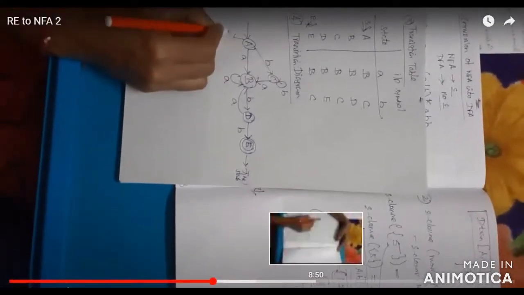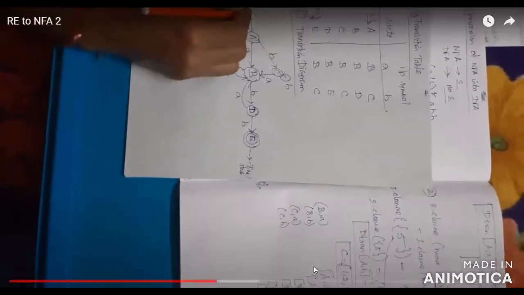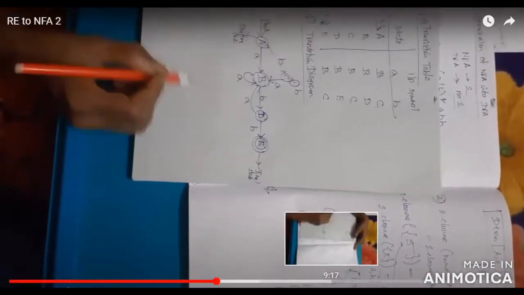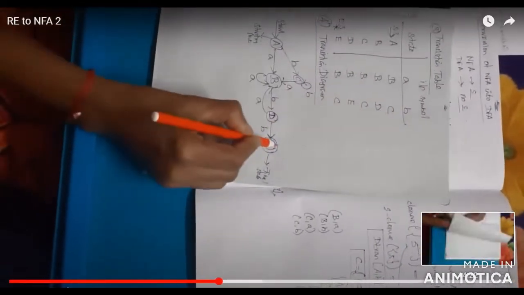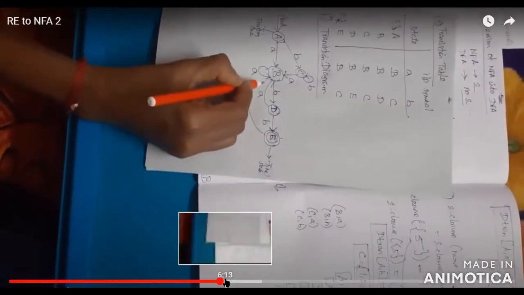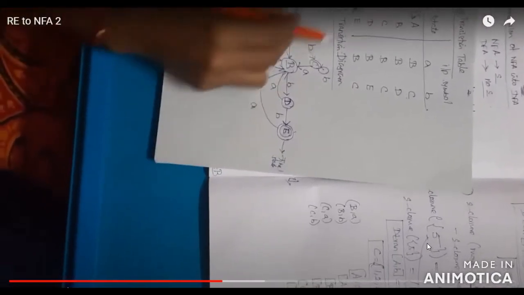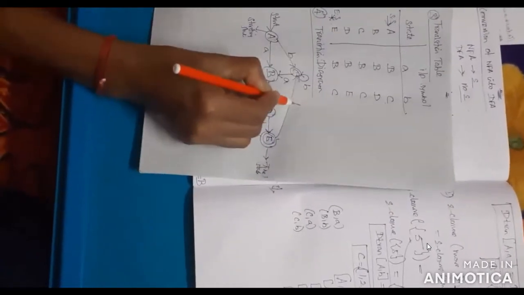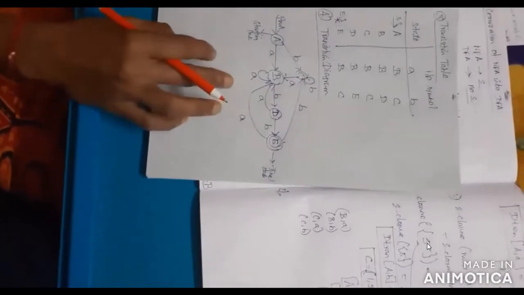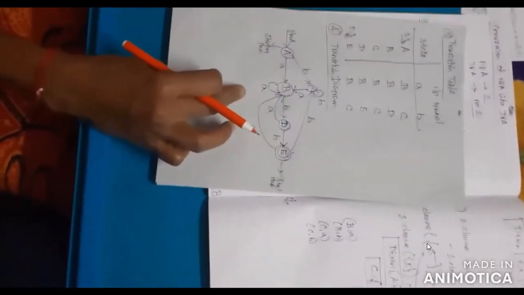So A is the starting state. This is the start symbol. What about E? E comma A is B, E comma B is C. So based on the transition table, you can draw the transition diagram.